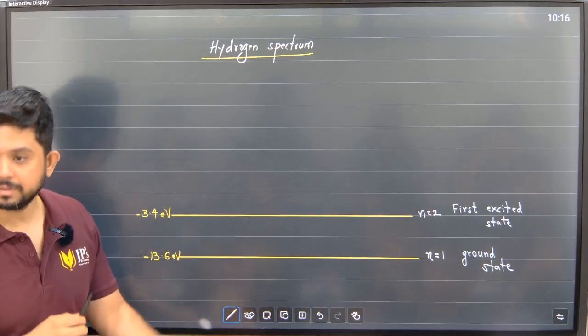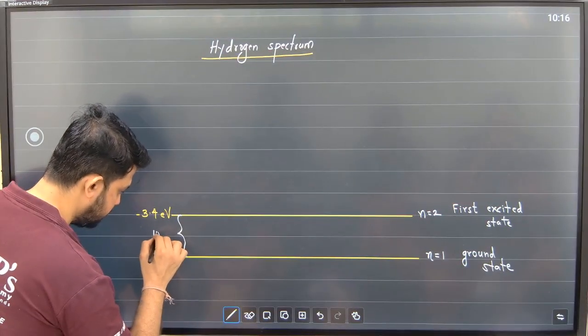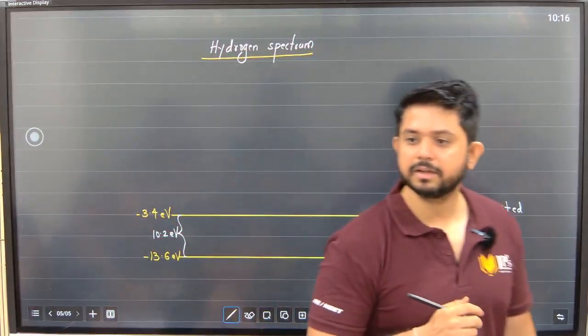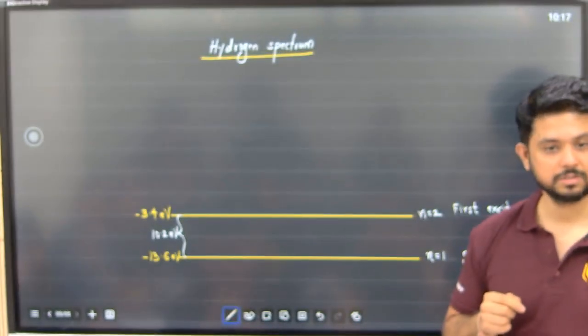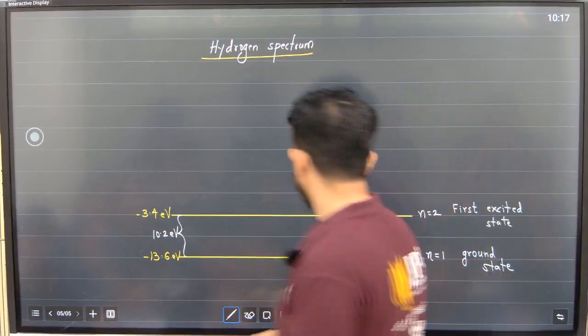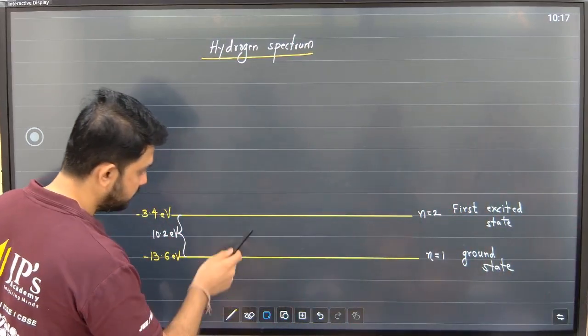What's the gap? 10.2 electron volts. In short, I want to excite the electron from the ground state to the excited state. How much energy will you supply? 10.2 electron volts. Did you all get that? Yes or no? Now, take it up.